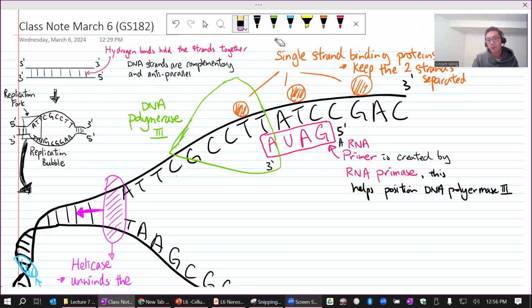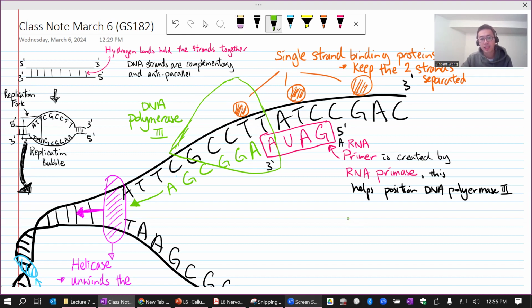Okay. So DNA polymerase 3 sees the primer here, right? It's able to continue to build on. So it sees the T. It's going to be like, oh, I know how to do this now. I just follow the base pairing rule. Okay. And so on and so forth. Except this is DNA, so they're going to be using T instead of U. So it's going to keep on going.